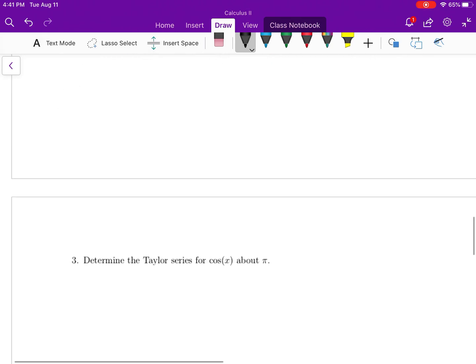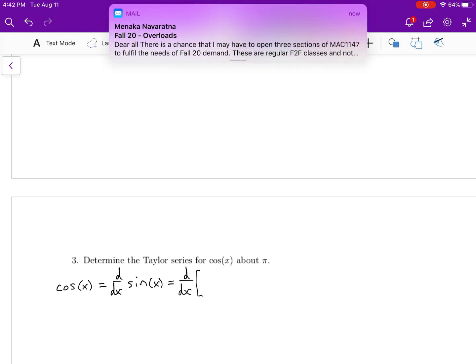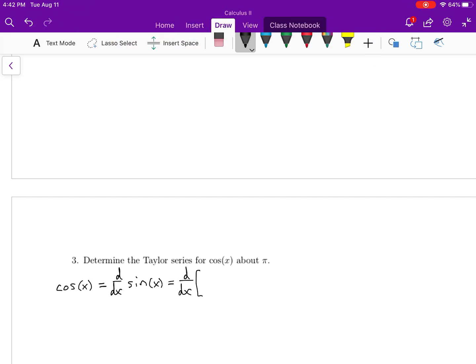For example, in the next problem, we want to determine the Taylor series expansion of cosine of x. And I know that the cosine of x is the derivative of sine of x, which means that since sine of x has the expansion that we just got in problem 2, I can just plug that expansion in and take its derivative.